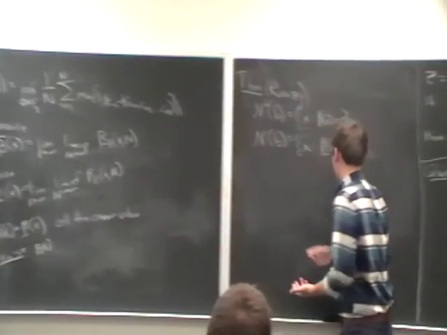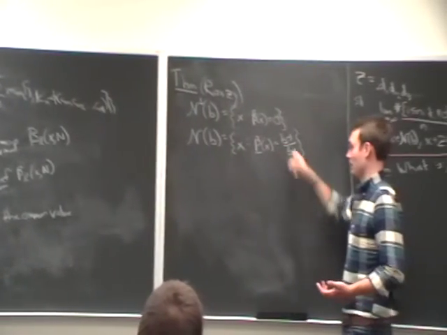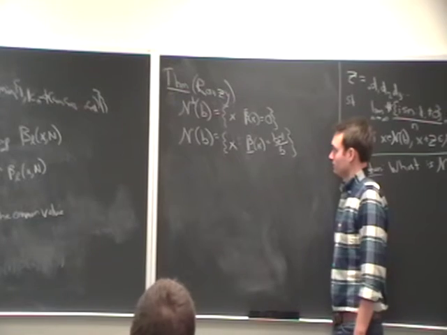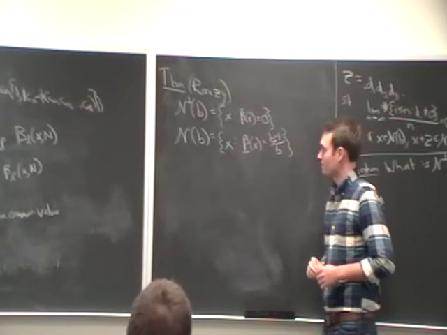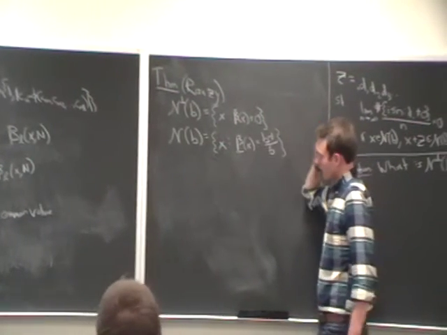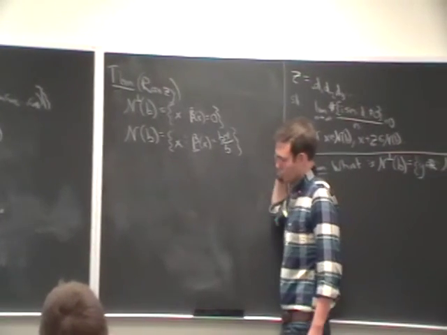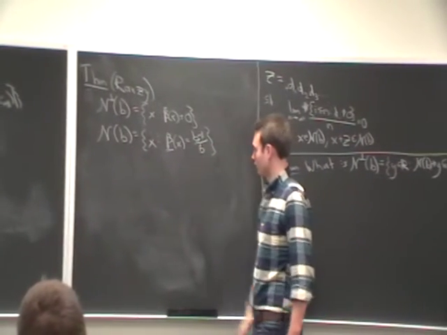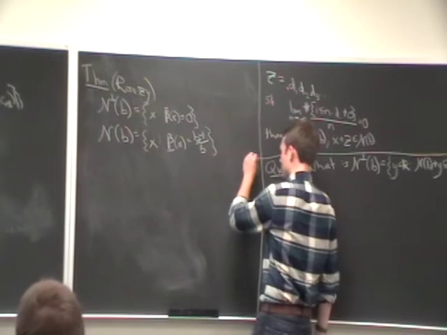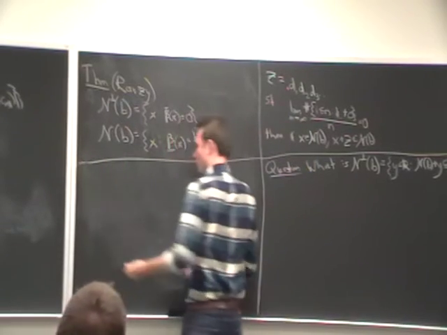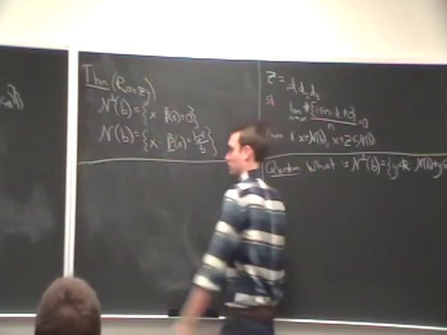And so we get that the noise will be just b minus 1 over b. So this is a very nice classification of the set of numbers which preserve normality under addition and the set of normal numbers themselves. But we can ask, how good of a classification is this?